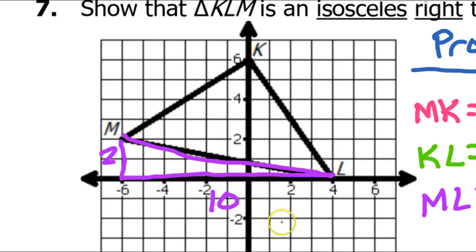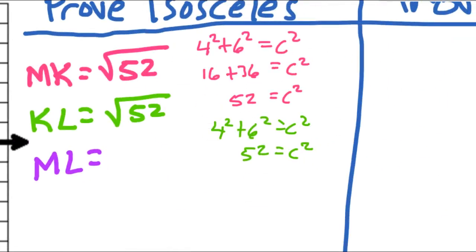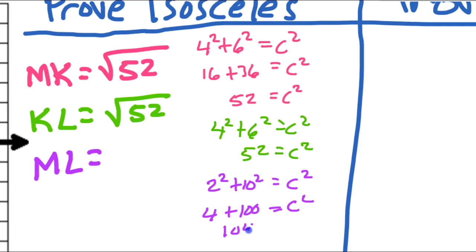So I will do my Pythagorean theorem one more time. 2 squared plus 10 squared is equal to c squared. That's 4 plus 100, so 104 is equal to c squared.